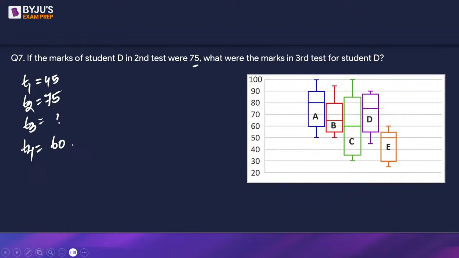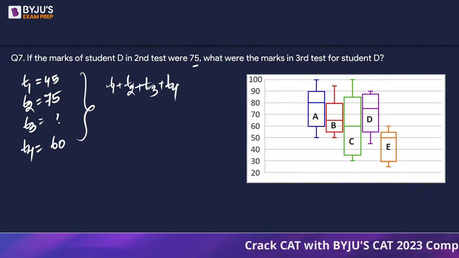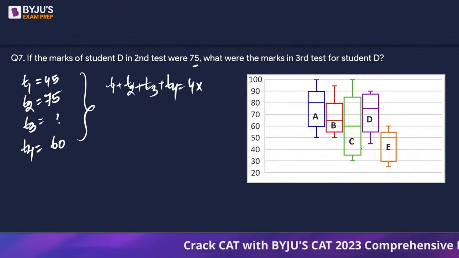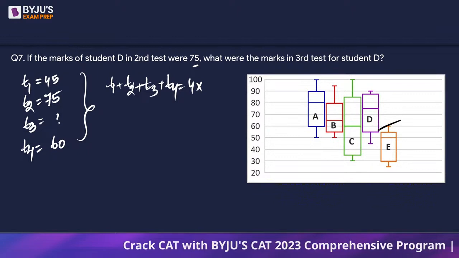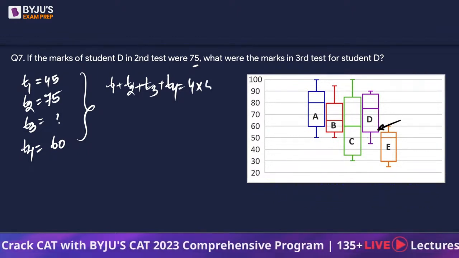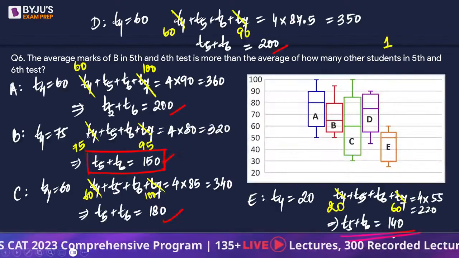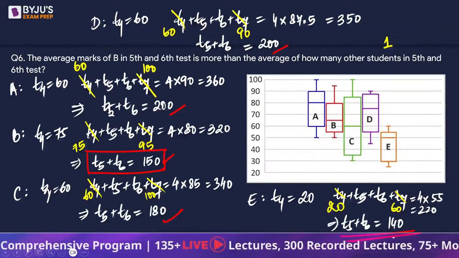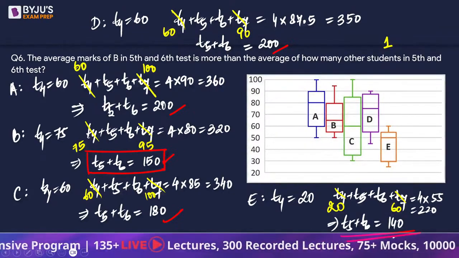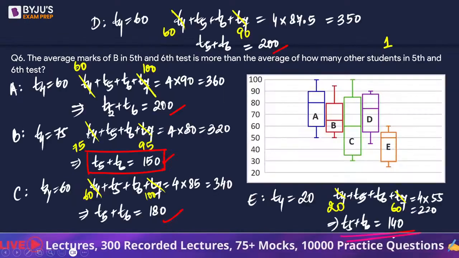Now, we also know that the sum of the first 4 tests is going to be 4 times ये वाला value, which is 55. D की बात हो रही है ना, B की नहीं? अच्छा, D की बात हो रही है.